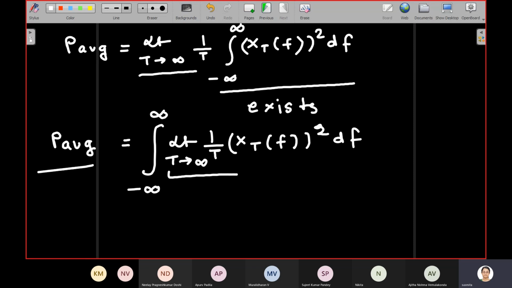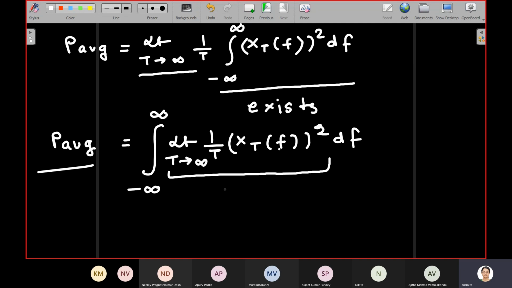Now I just think of the entire thing inside the integration. What can we say about this one? It is a function of f, right? Because we are actually doing the limit T going to infinity. So after applying the limit, it is no longer a function of T, right?